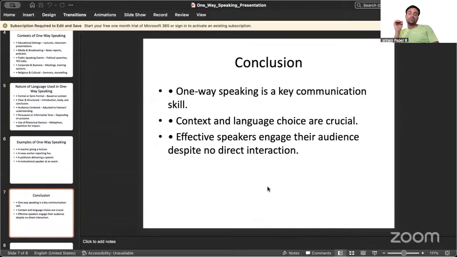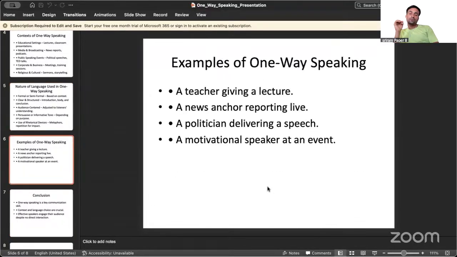Examples of one-way speaking: a teacher giving a lecture, a news anchor reporting live, a politician delivering a speech, a motivational speaker at an event.